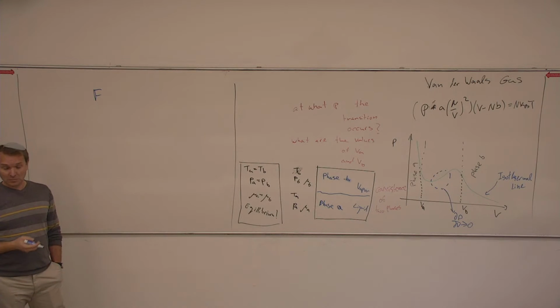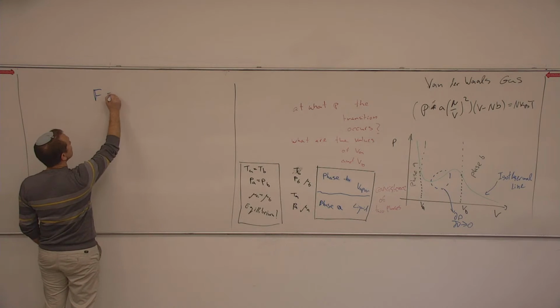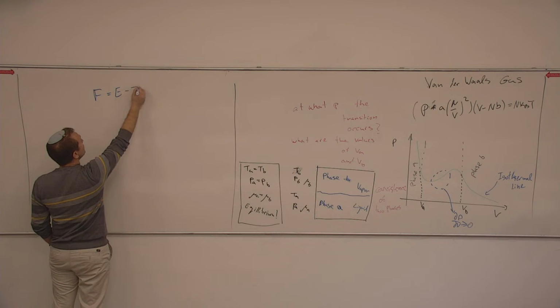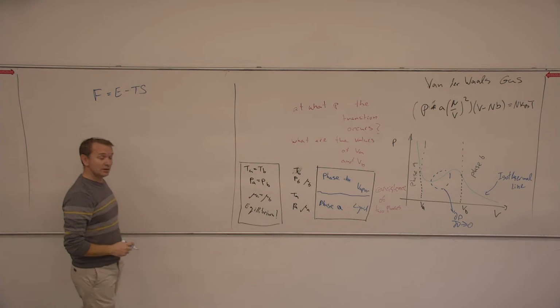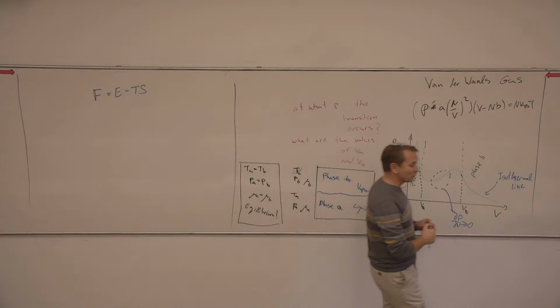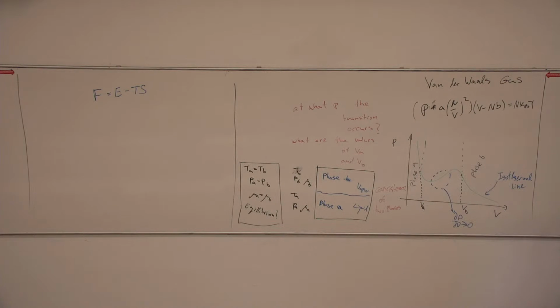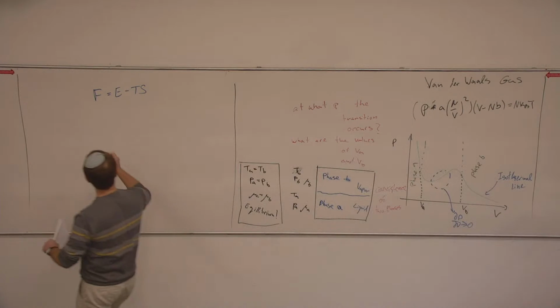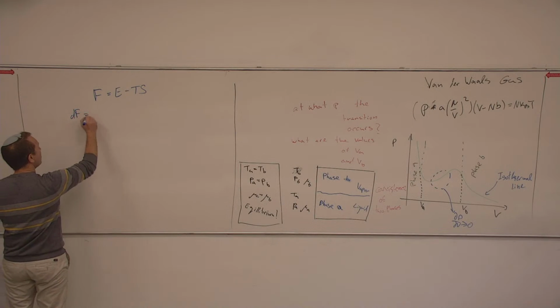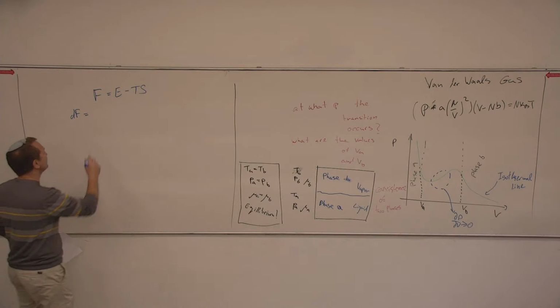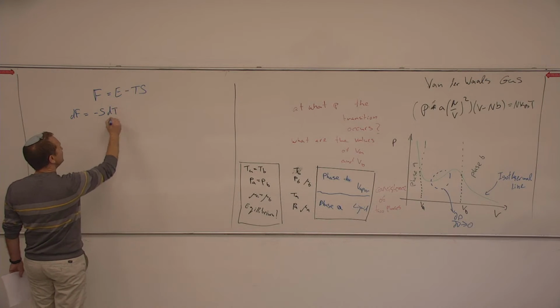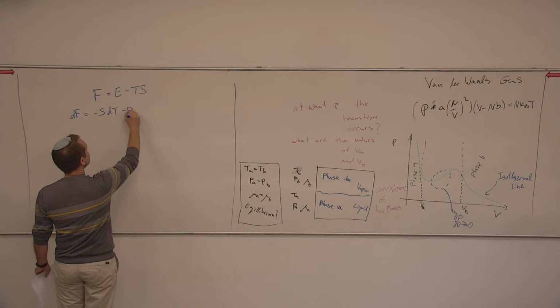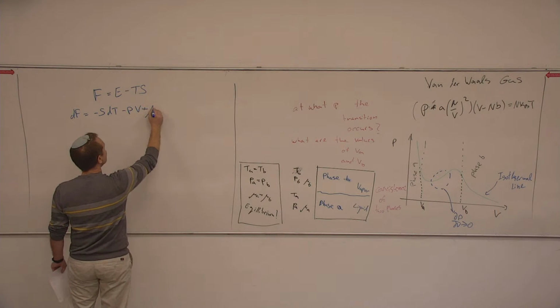This is the Helmholtz free energy. It is F = E − TS. This is the potential that I'm working with. Now, what is dF? It is −S dT − P dV + mu dN.